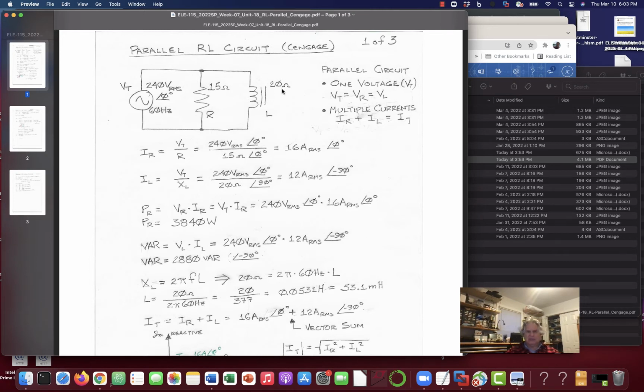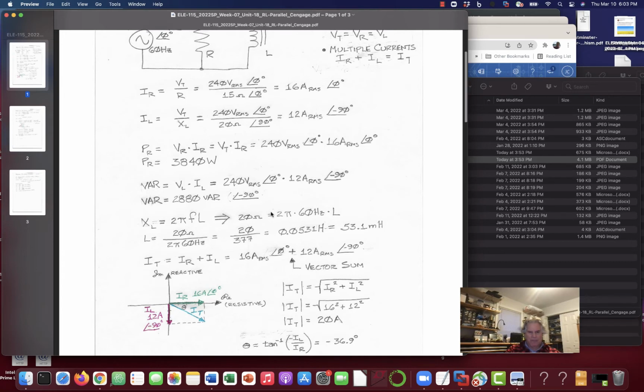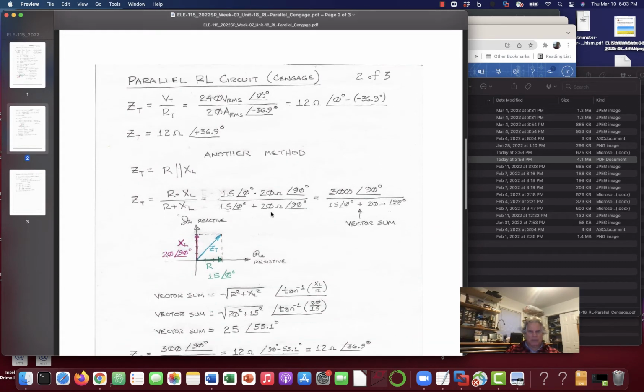They give you X sub L, and that's 20 ohms, and of course inductive reactance is always at plus 90 degrees because it sticks straight up. The resistor is at 0 degrees. That's the x-axis, if you will.